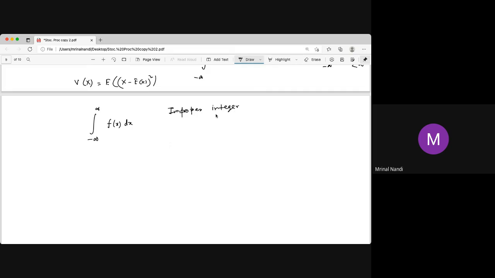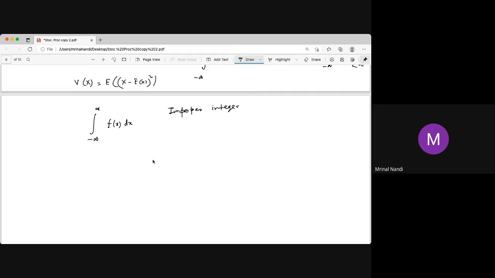Now, there are two kinds of improper integral. One kind has infinite limits, like 0 to infinity or minus infinity to infinity. The other kind is called type 2, where at some point, say as x tends to 0 plus, fx itself is infinite.